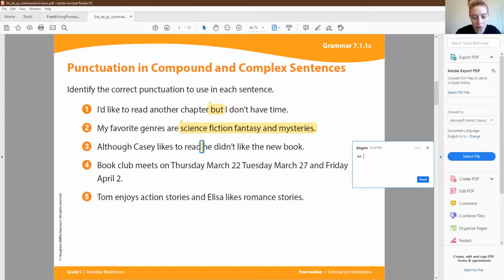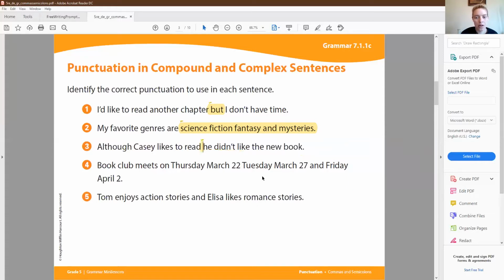So, "Although Casey likes to read, he didn't like the new book." Okay. So our comma for that one is going between the dependent and independent clause, right before "he." Okay, so make sure you have your comma there.